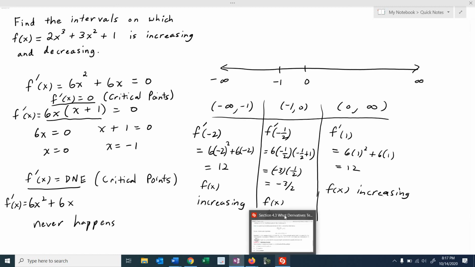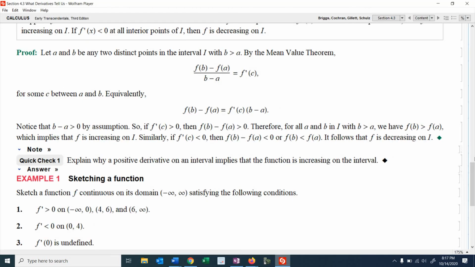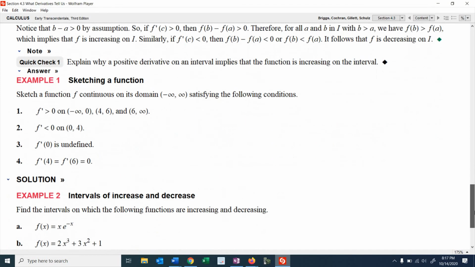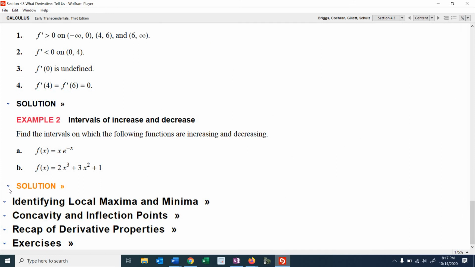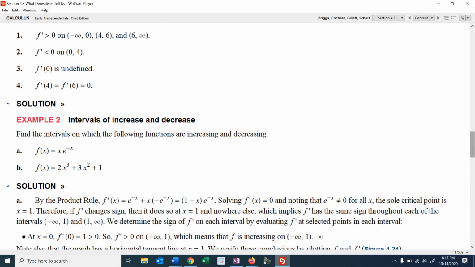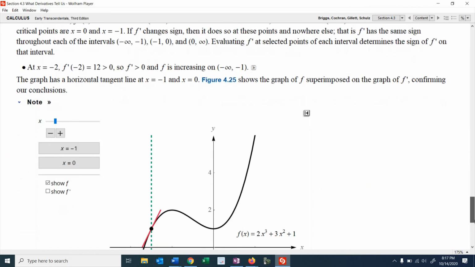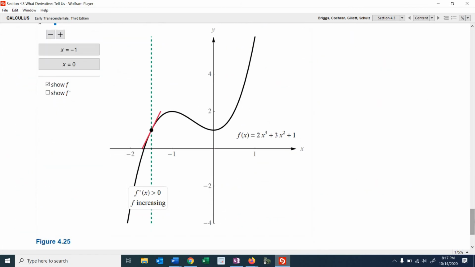Now let me just show you real quickly the graph of the function, to reinforce what we found. So here's the graph of that function that we were working with. The graph looks like this.